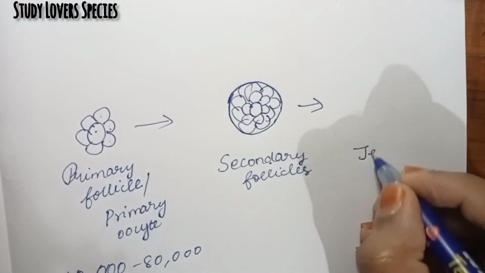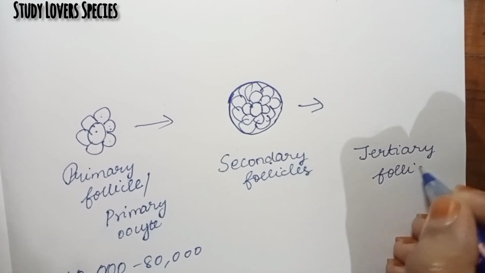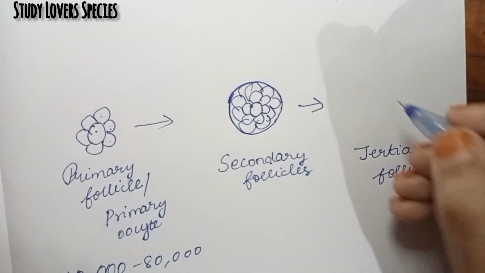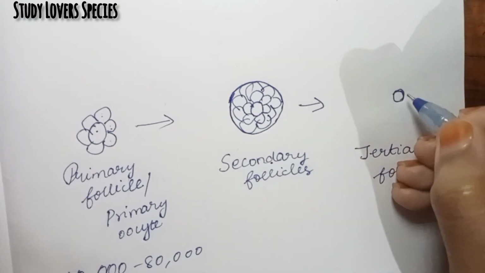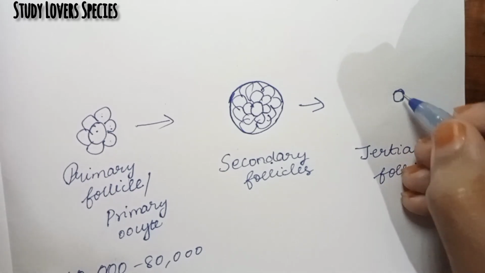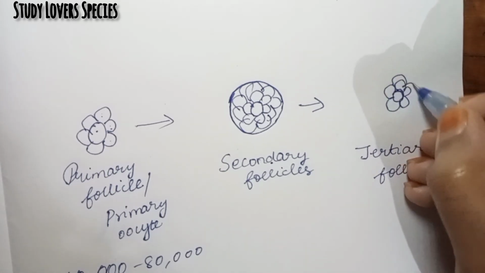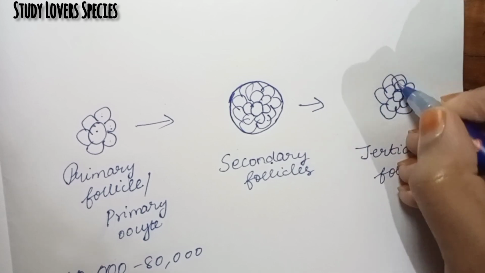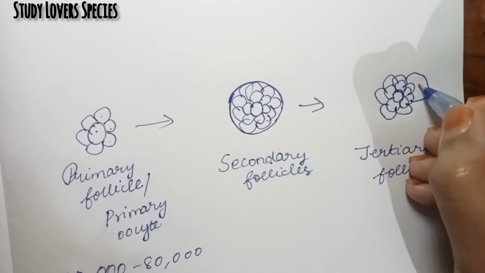Now let's see how the tertiary follicle will look. It has the oocyte, and more layers of granulosa cells will come, and with that a cavity called the antrum.